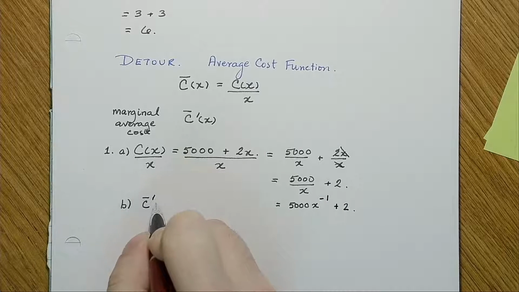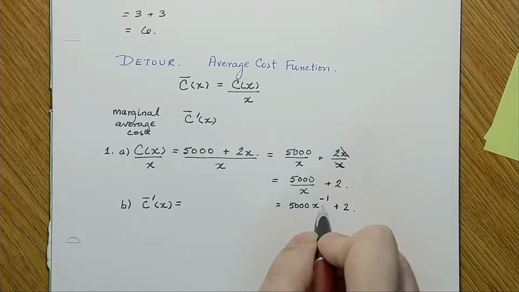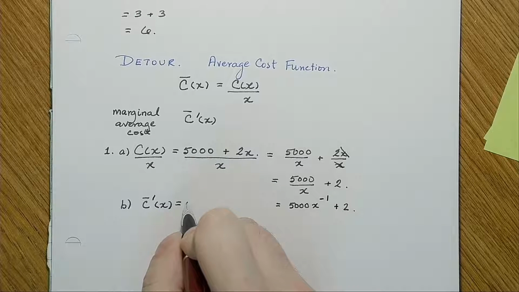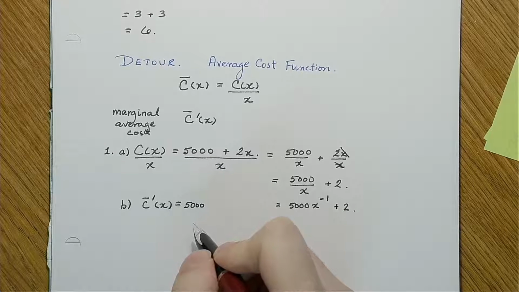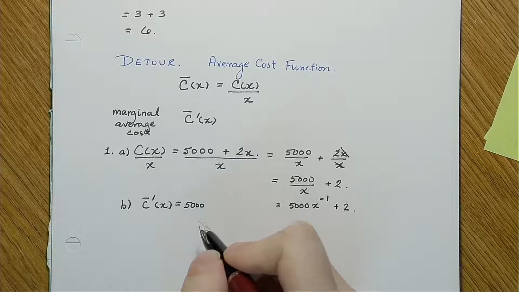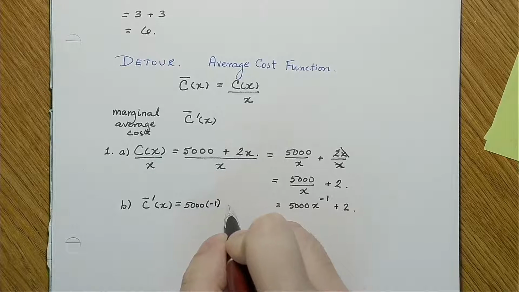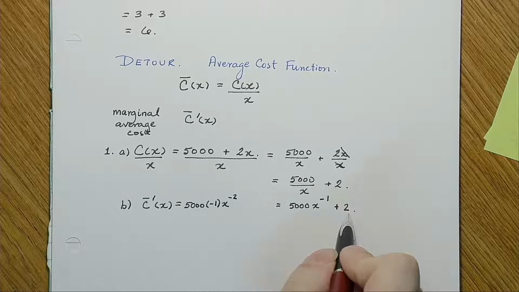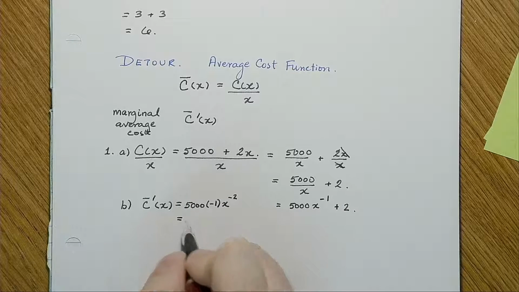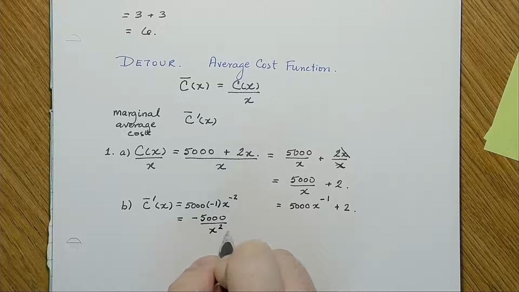So if I take the derivative of that, the -1 comes down in front, so I have 5,000 times minus 1 times x to the minus 2. This is a constant, so that's 0. So I have minus 5,000 over x squared.